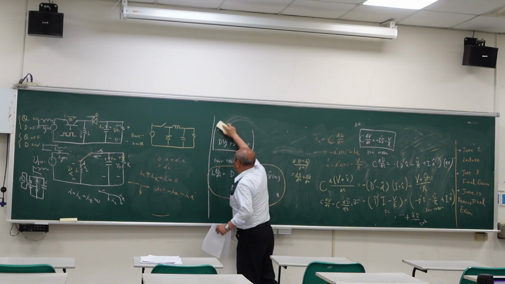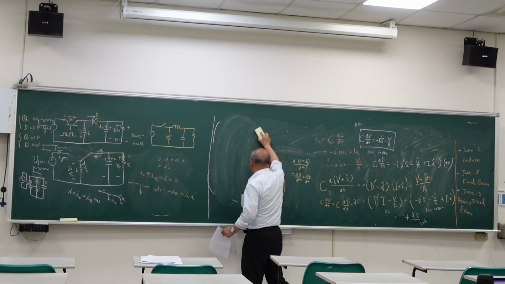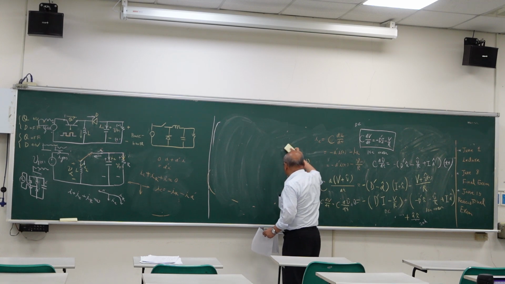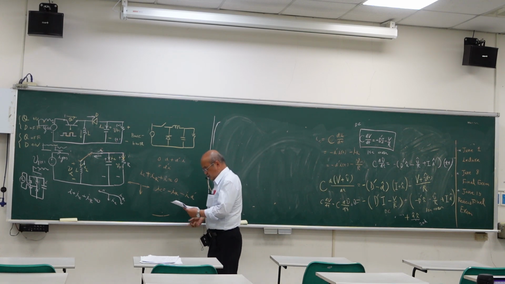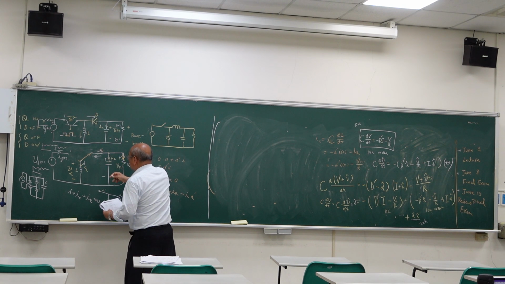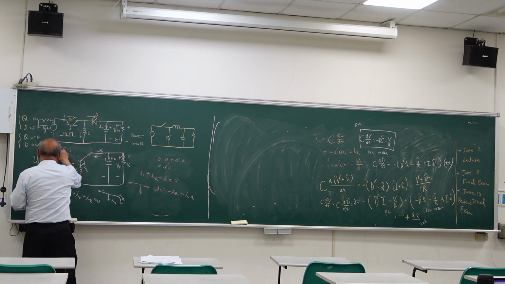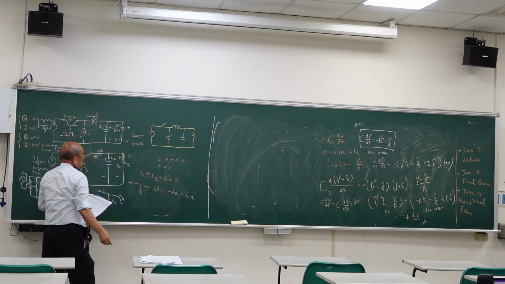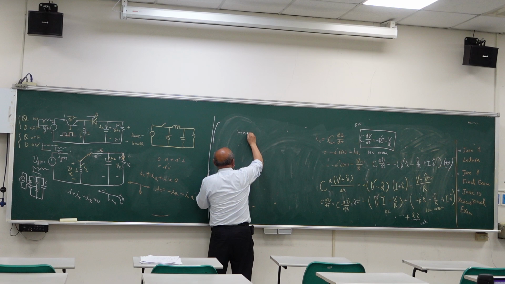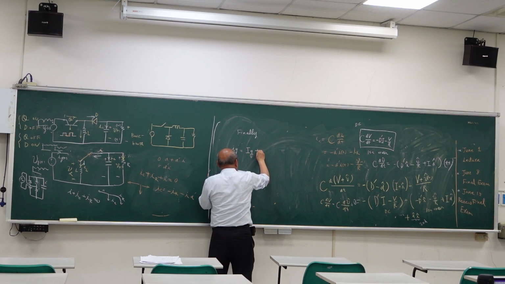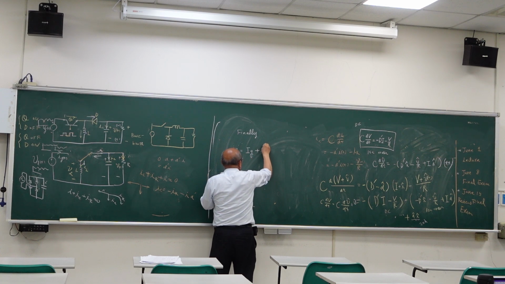So now I develop 2 equations. One is capacitor current. Another is inductor voltage. And now I want to develop input current. So finally, input current, we have IG is equal to DC plus AC, right?